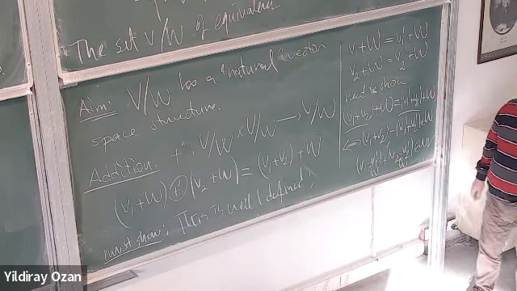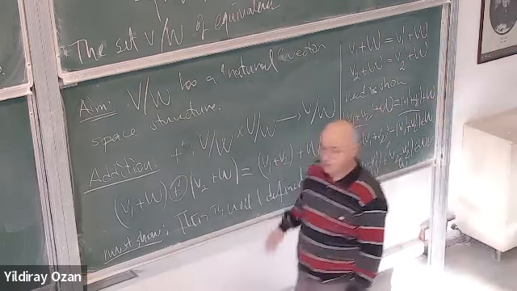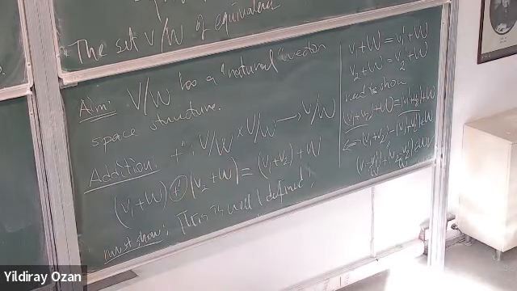So this is how we define addition. What about scalar multiplication? Well, I guess we can guess how I am going to define scalar multiplication, right? Again, we will just use a representative.